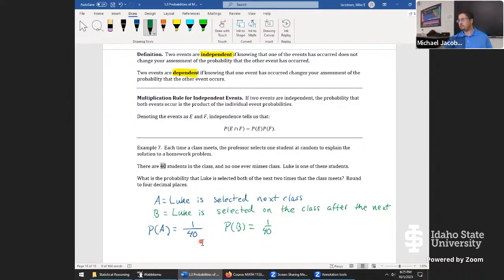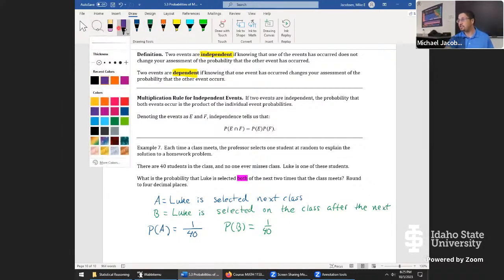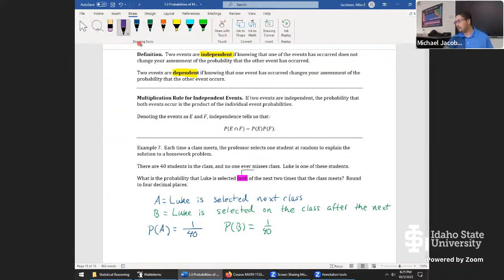Okay, well, now we're going down to this question. We want to know, what is the probability Luke is selected both of the next 2 times that the class meets? The word both there can be considered to be an and statement, which would mean we're dealing with an intersection. Let's put that right here just to emphasize.